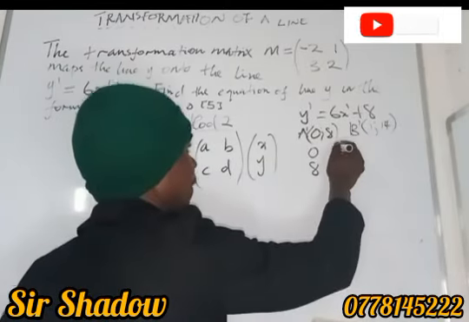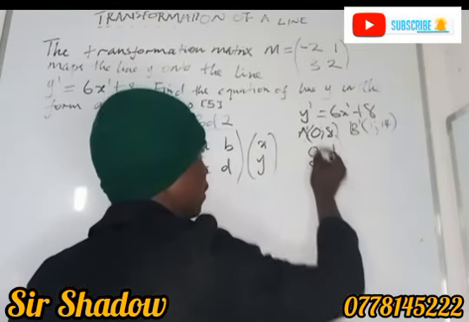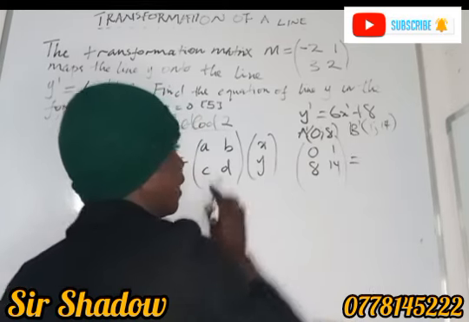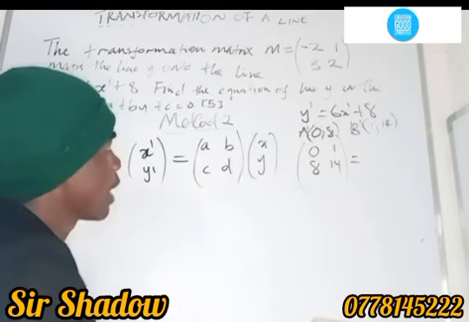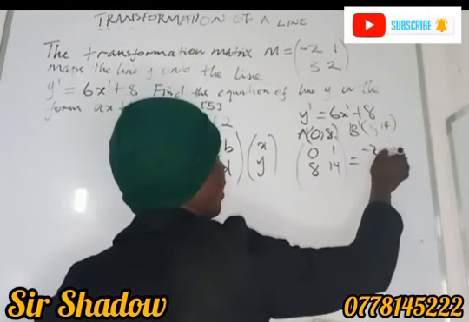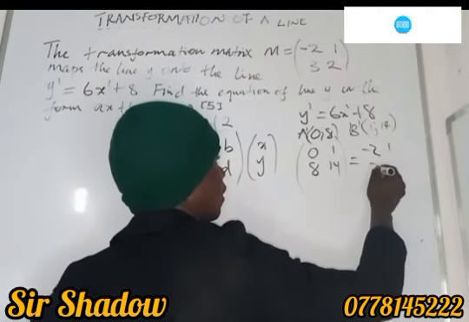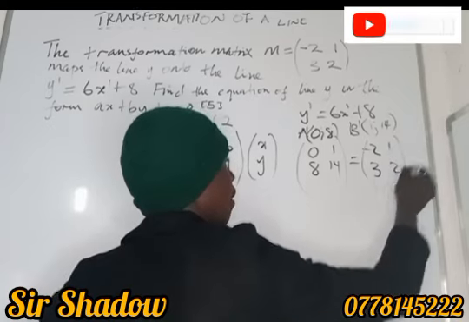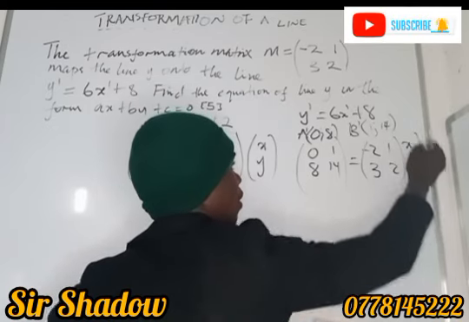And also we have (1, 14) is equal to, and we substitute the matrix M into A, B, C, and D, which is 2, minus 2, 1, 3, and 2, multiplied by X and Y.